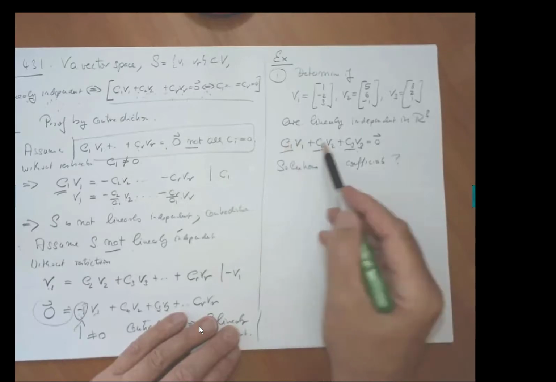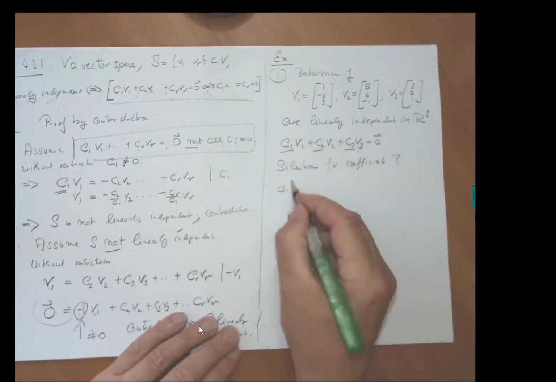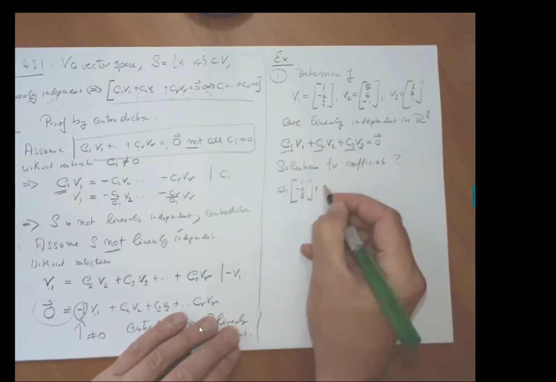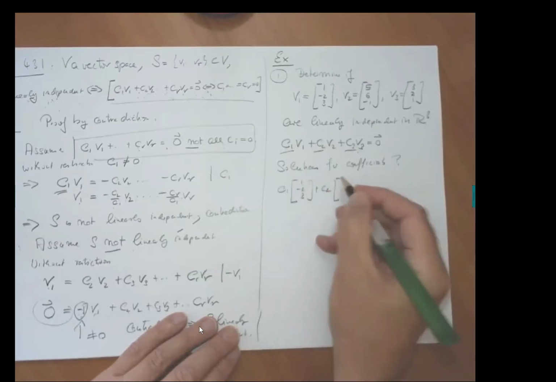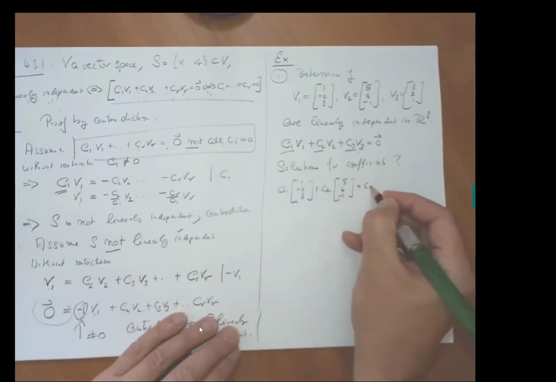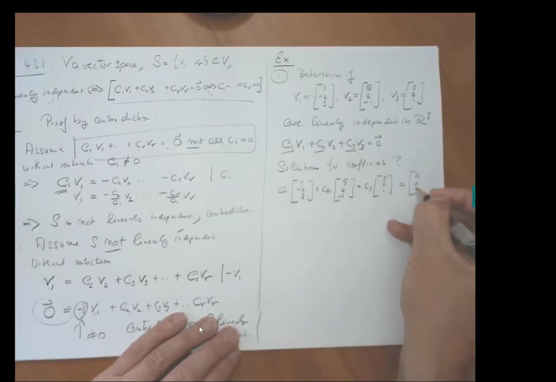And again, when we write this down, we see, so this is C1 (1, -2, 3) plus C2 (5, 6, -1) plus C3 (3, 2, 1) equal to (0, 0, 0).